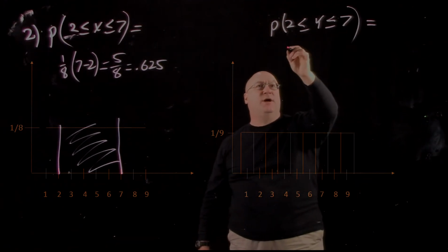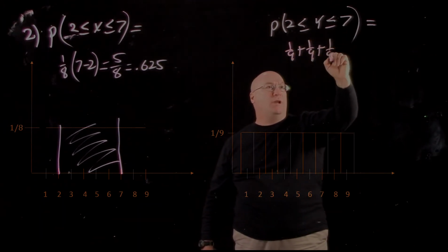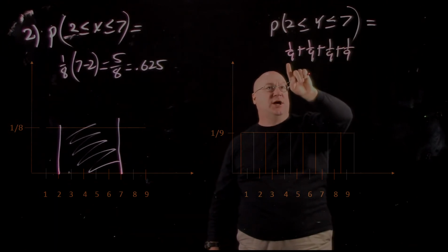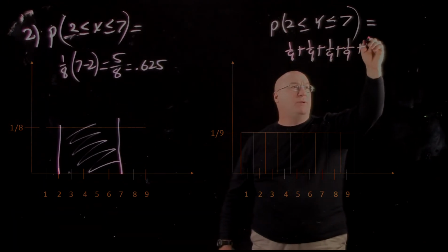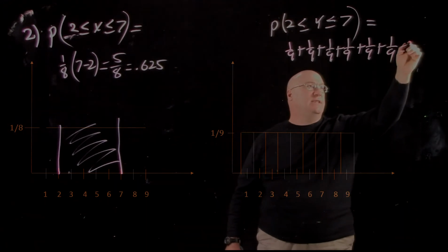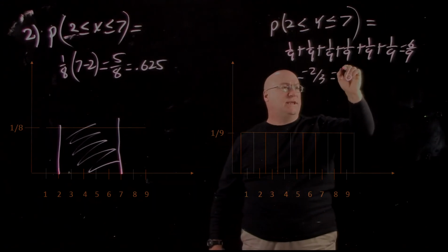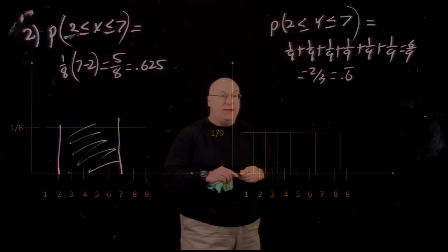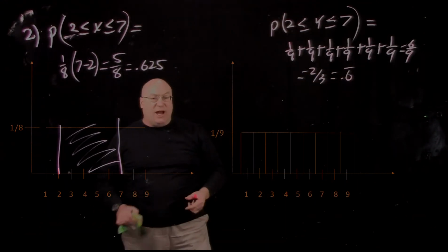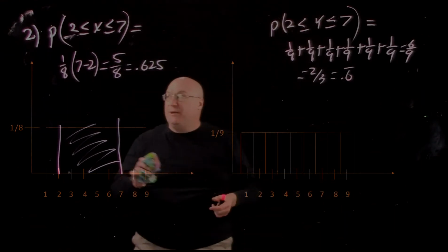So it's 1/9 plus 1/9 plus 1/9 plus 1/9 plus 1/9 plus 1/9, for 2, 3, 4, 5, 6 and 7. And again, you get 6/9, which is 2/3 or 0.6666 forever. Okay, again, different answers. I grab the two end values and I get everything in between.